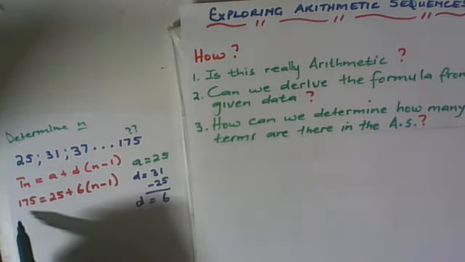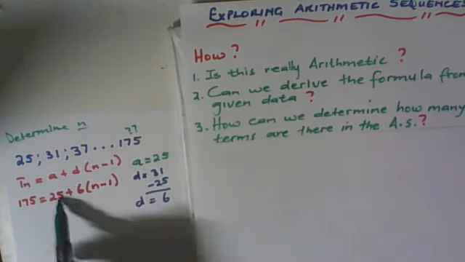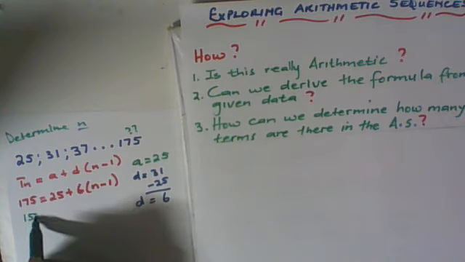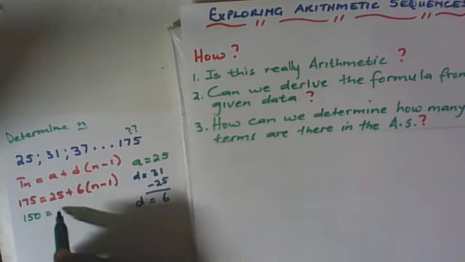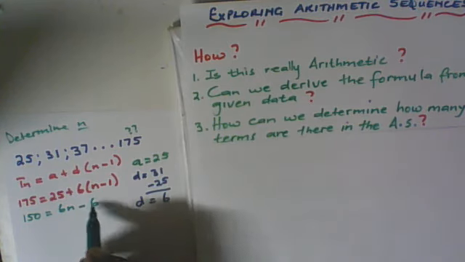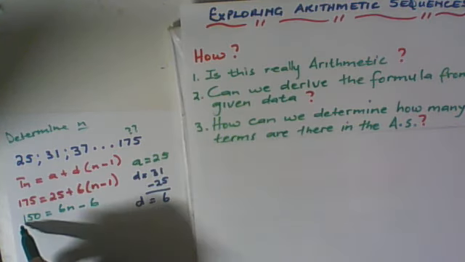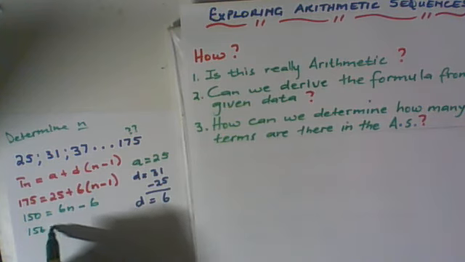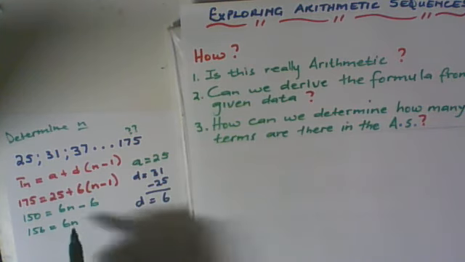So subtract 25. That will give you 150. And then we are left with 6n minus 6. Now add 6 both sides. That gives you 156. Then you're left with 6n.